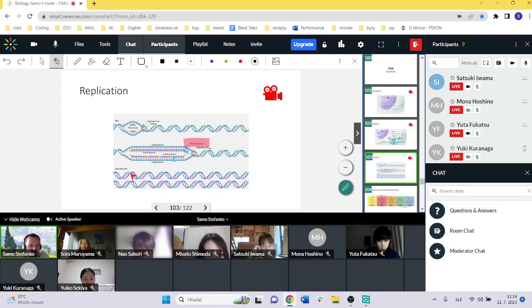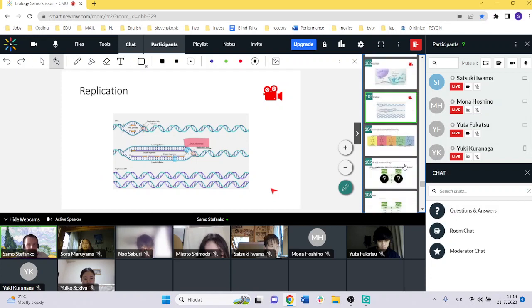Semi-conservative means that each contains one old strand and one newly synthesized strand, the purple one. One is old, one is new. They are complementary, and we have now doubled the amount of DNA. Even though they contain the same genetic information, they are doubled in order to have enough genetic material for mitosis.